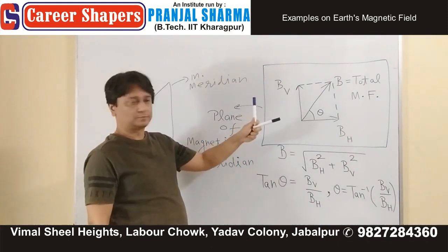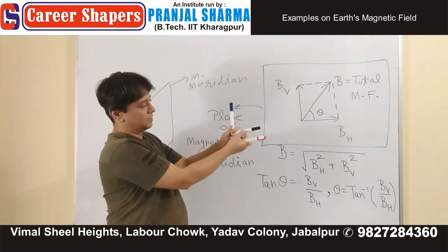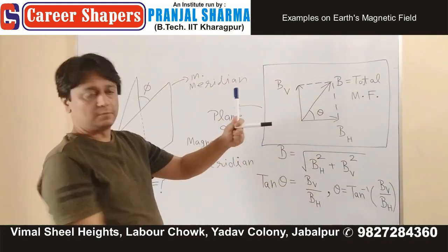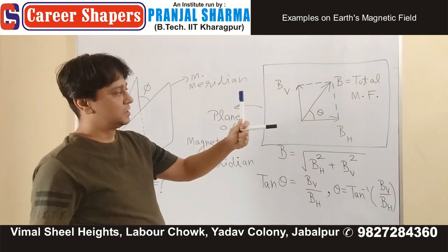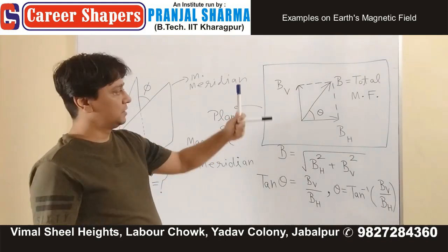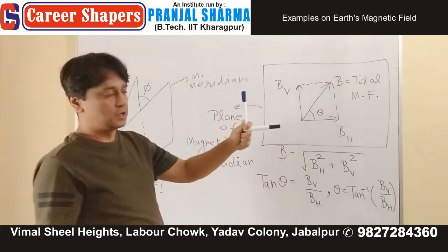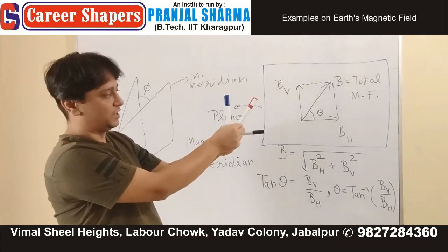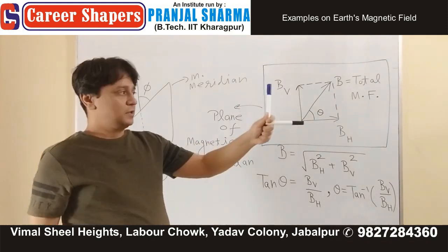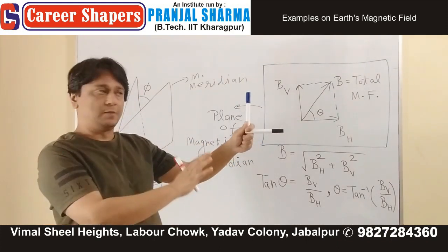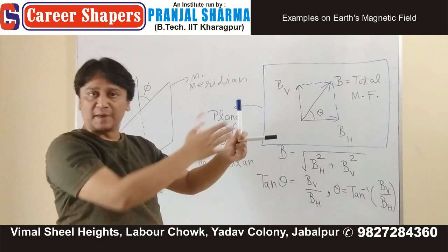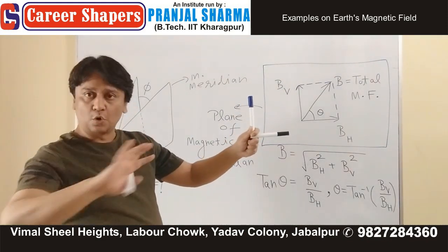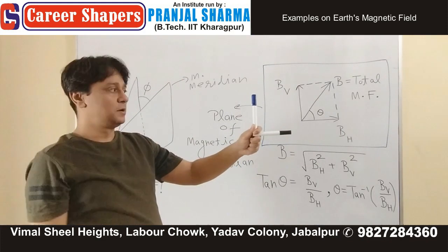Look here. You can see the colors: blue, black, red. This blue marker is for vertical, black is for horizontal, and this is the red one. It gives you the total magnetic field. This is the original setup in the plane of magnetic meridian. There is no compass, forget about it.